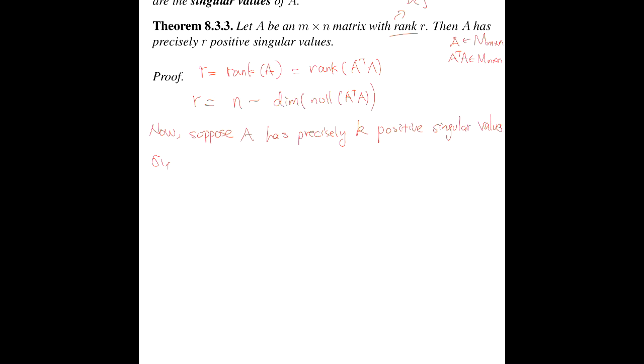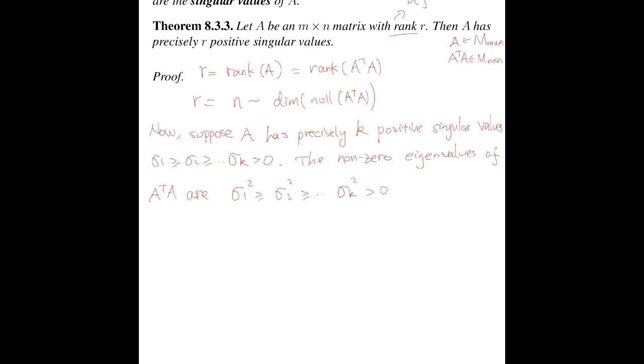We can order them: sigma 1 bigger than sigma 2, up to sigma k, all positive. Then the non-zero eigenvalues of A transpose A, by the definition of singular values, are just sigma 1 squared, sigma 2 squared, up to sigma k squared.